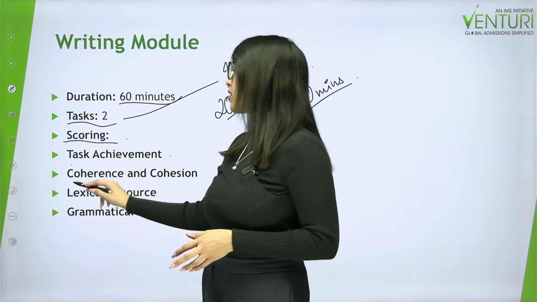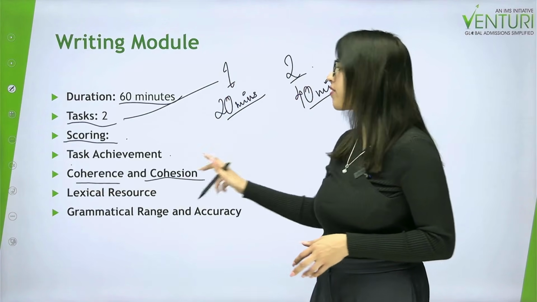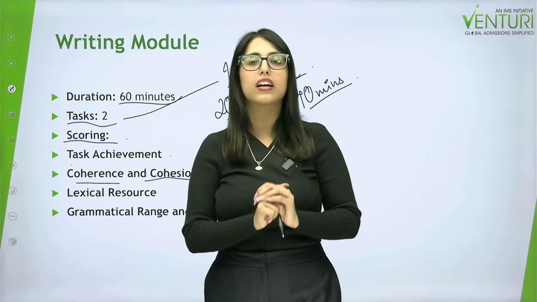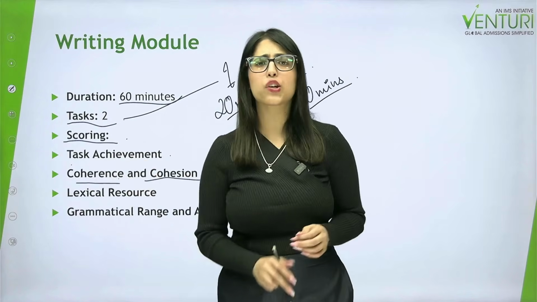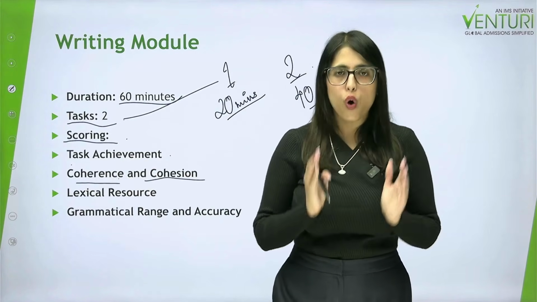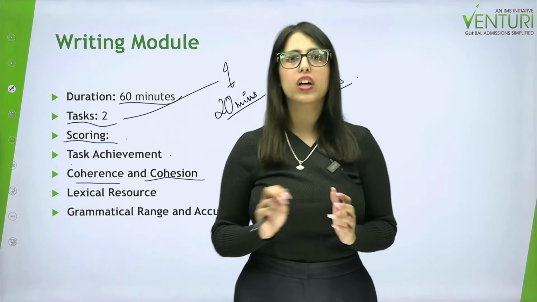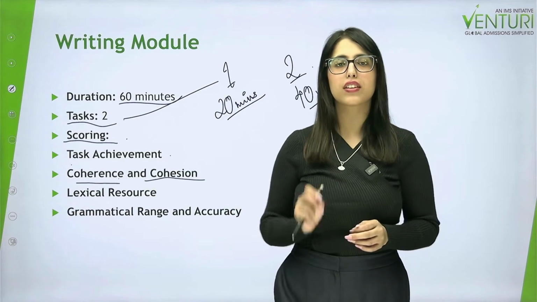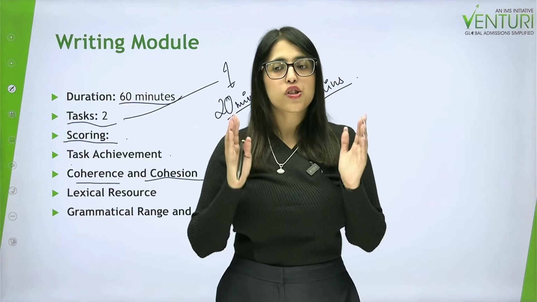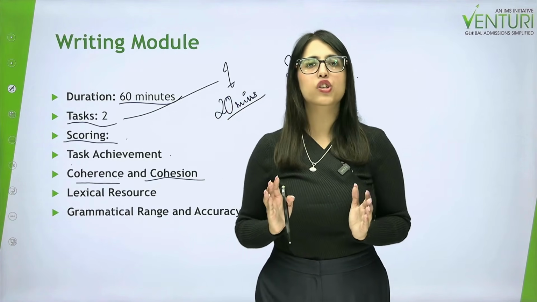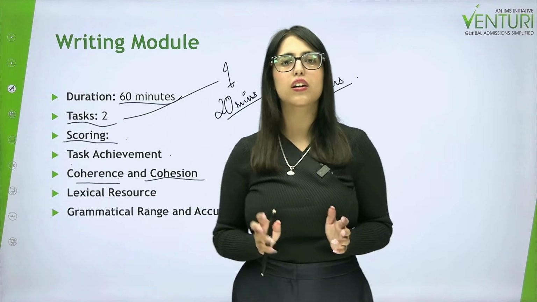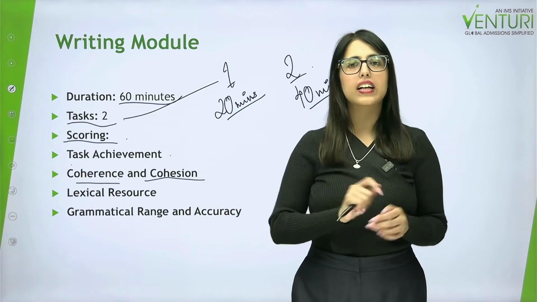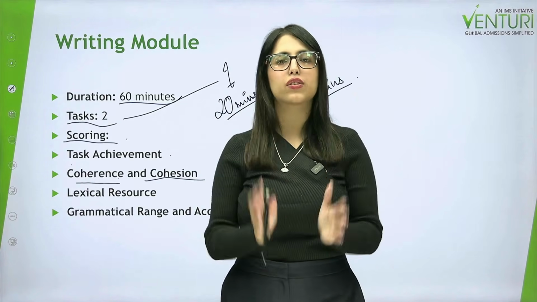The second one is coherence and cohesion. Here we have two things that we have to make sure are there in your write-up. First is coherence, which means that you should have a logical flow in your write-up. Whatever you are expressing with the help of your write-up should be logical, well organized and structured, so that the person examining it reads it and understands that this is what you are trying to say.